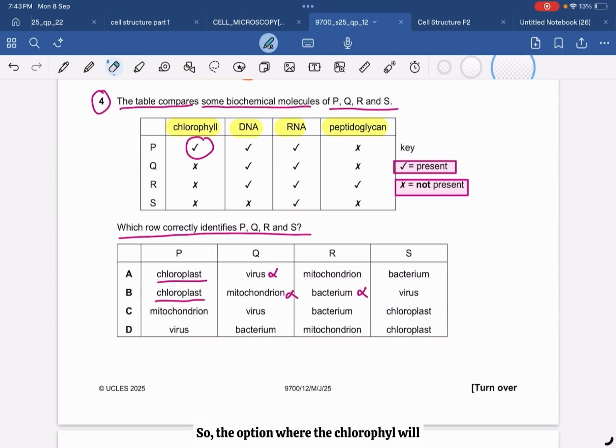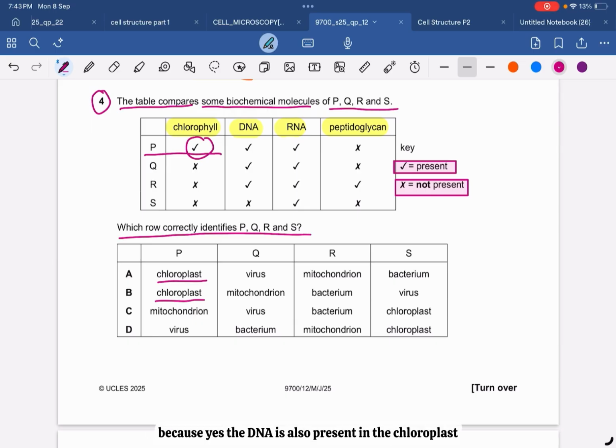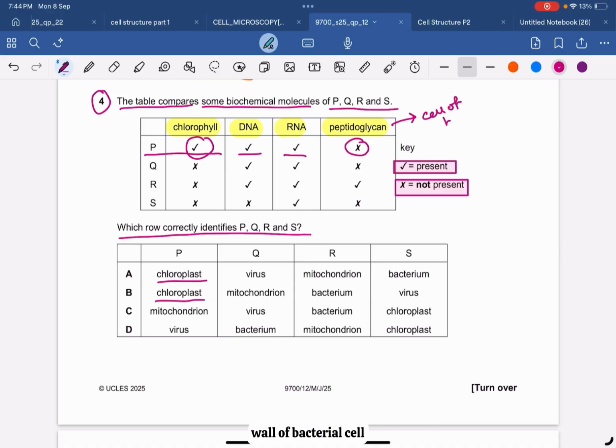So P is the chloroplast, because the DNA is also present in the chloroplast, RNA is also present, and the peptidoglycan is not present in the chloroplast. Peptidoglycan is the component of the cell wall of bacterial cells.